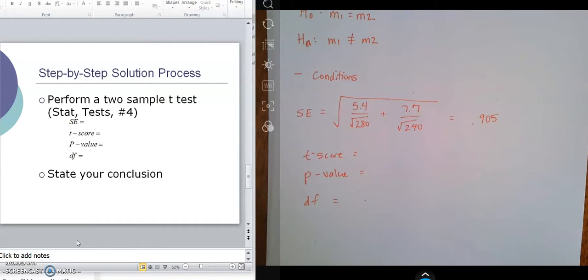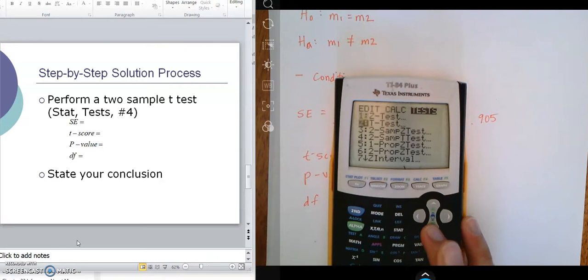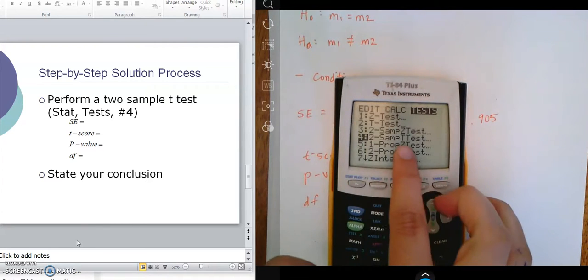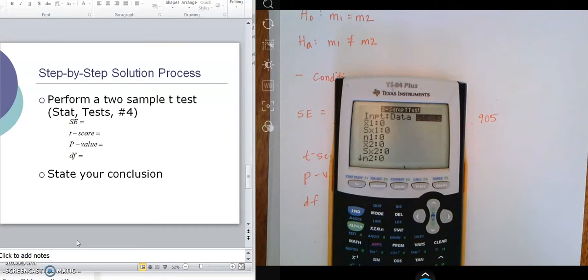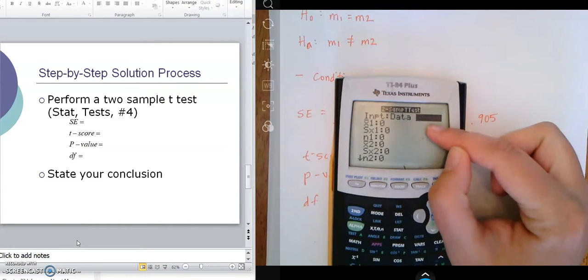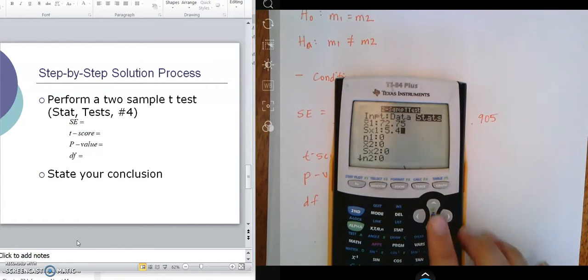Let's put it in the calculator real quick. So I'm going stat test, this time 4. This is a 2-sample t-test. Make sure you're picking t, and there are 2 samples. This time it did not give us data, it just gave us the stats, so I'm using stats. My mean for my first group was 72.75, standard deviation was 5.4, and number surveyed was 280.